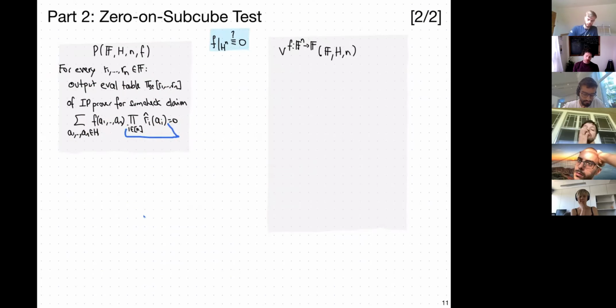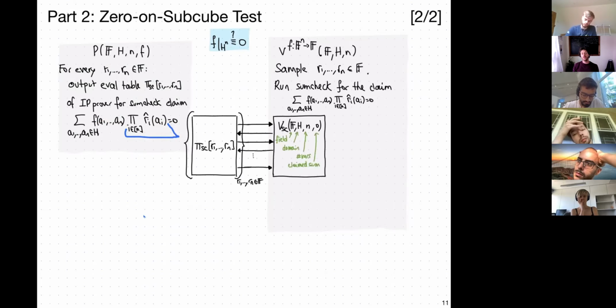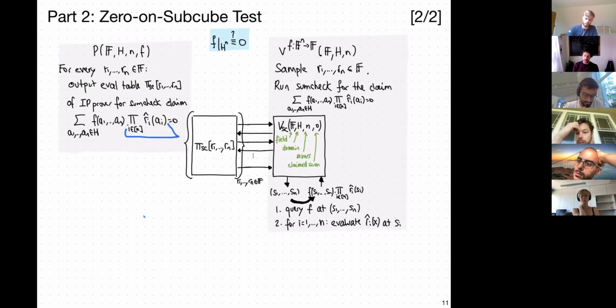We want to run sum check on this entire claim. We have the prover specify the entire prover strategy, and then the verifier in turn samples some randomness, runs sum check and emulates the run of the sum check by querying the right place of the PCP. We've seen this trick a lot of times. We'll make this query to the function f, which will check it at one place, and we'll also need to evaluate this addend as well, so we can actually evaluate this thing, and we're done.